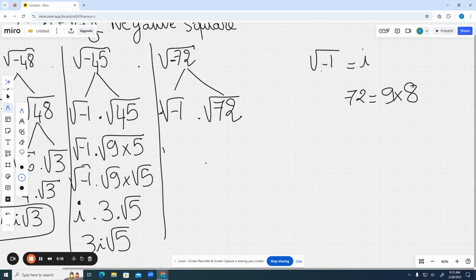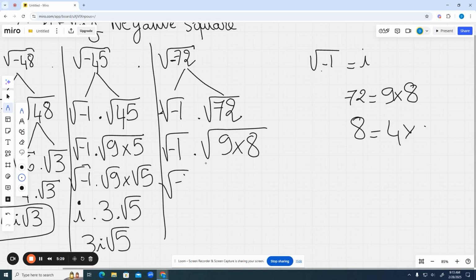So this is going to give us the square root of -1 times the square root of 9 times 8. And we know that 8 is 4 times 2, so I'm just going to go back here and substitute 8 by 4 times 2. Why am I doing this? I'm trying to look for the maximum perfect square so I can get a simplified solution.